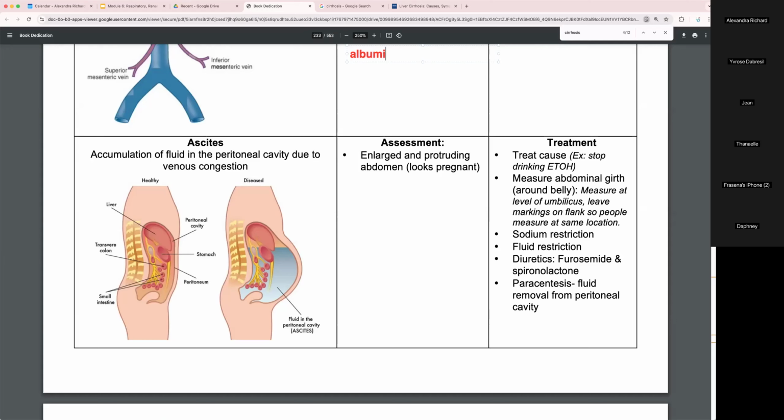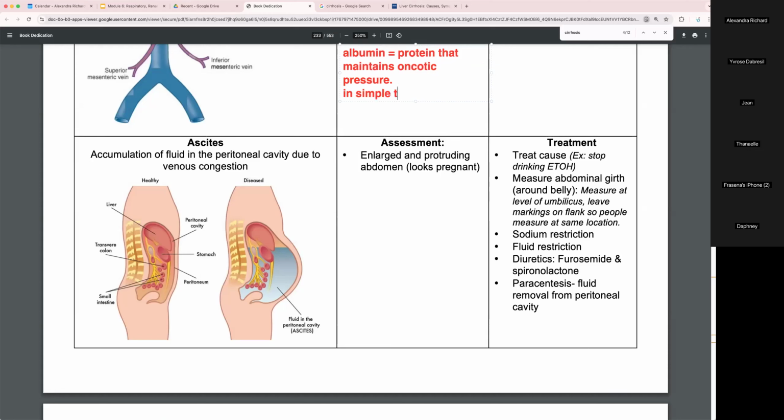And here's a tip. Anytime something ends in IN in the body, albumin, hemoglobin, it's usually a protein, okay? So albumin is a protein that maintains something called oncotic pressure, okay? What does that mean in English? It tells your fluid where to go, okay?